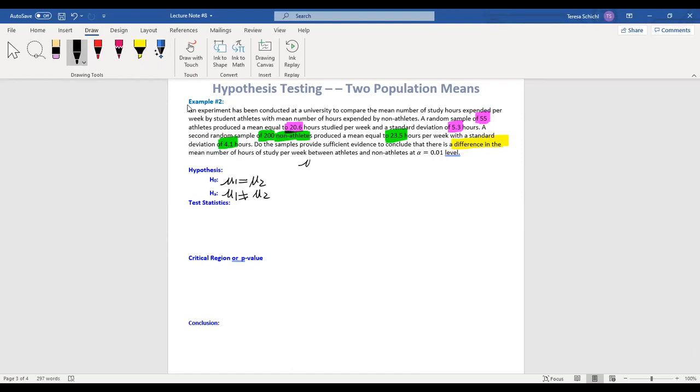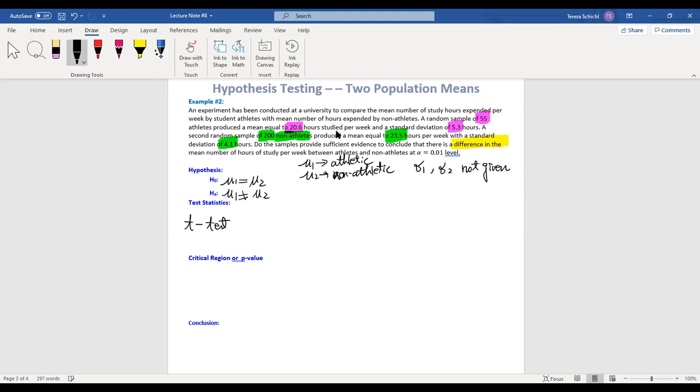Mu1 is the student athletes, and mu2 is the non-athletic students. Because sigma 1 and sigma 2 are not given, what type of test do I need to use? I need to use a t-test here.